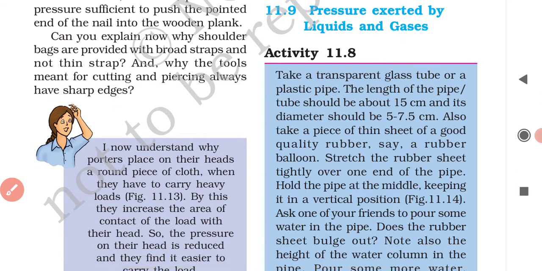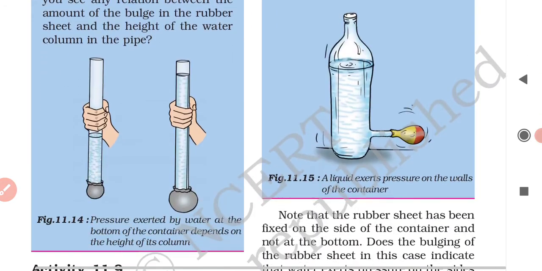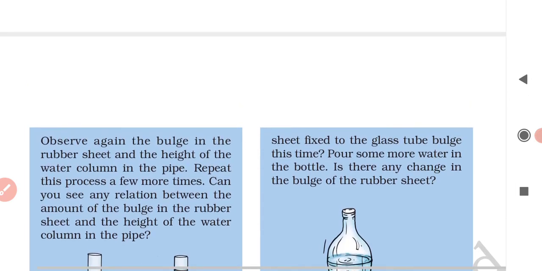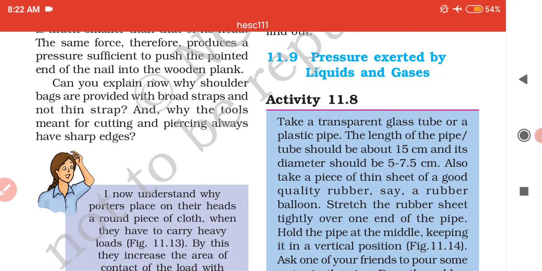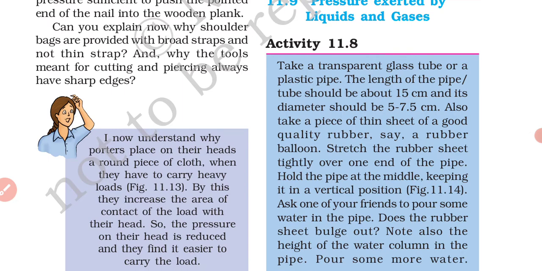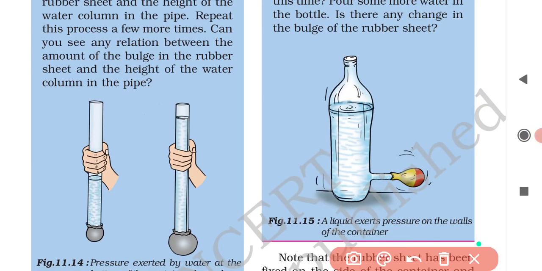Now, activity 11.8 shows you how a liquid exerts a pressure on the bottom of its container. You have to take a transparent plastic pipe like this.